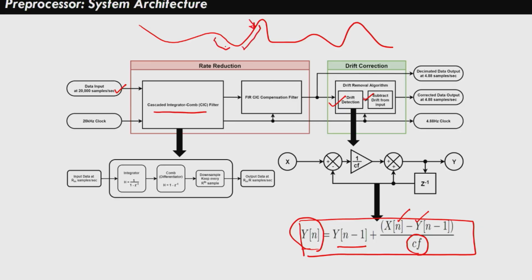So this method is applicable there. But if this drift is also changing at the same rate as the pH, then it will be difficult to remove. We will look at a much more advanced method for when your background or interfering signal is changing at the same rate as the signal that you are interested in.